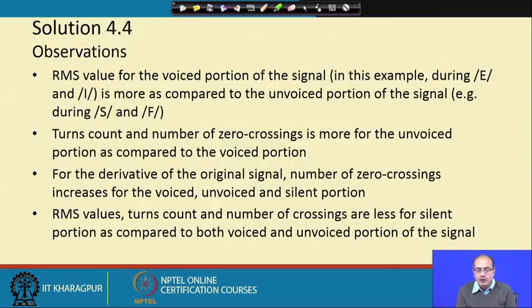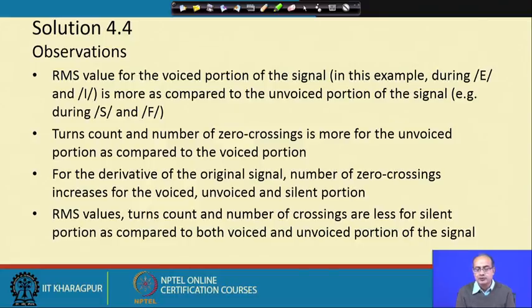So all the 3, RMS value, turns count and zero crossing, are less compared to the voiced and unvoiced portion of the signal. Using that we can separate out the part where speech is there, and this part where silence is there, that means only the background noise is there.